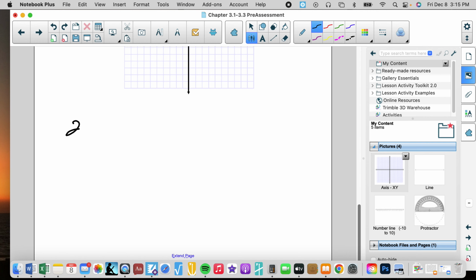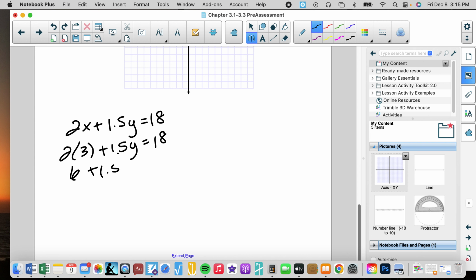So my equation is 2x plus 1.5y equals 18. I'm going to plug in 3, which is 6. I want to make sure. Minus 6 is 12.